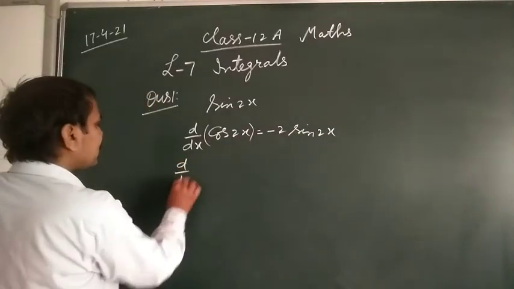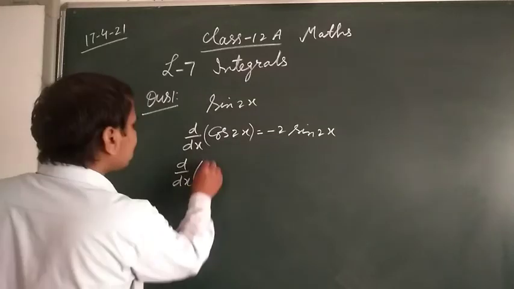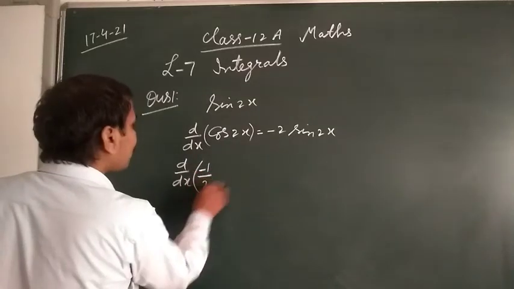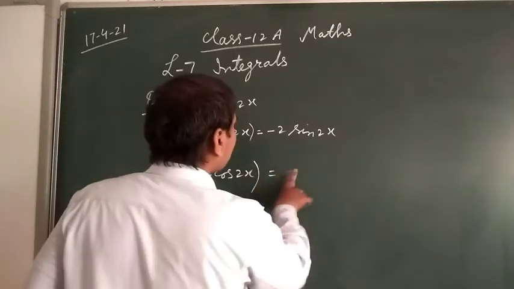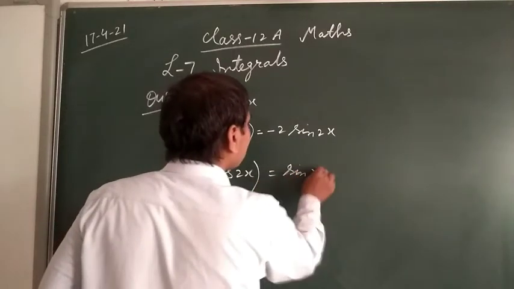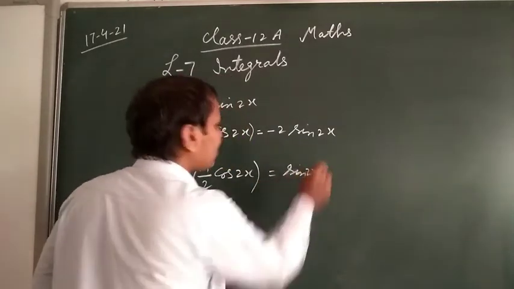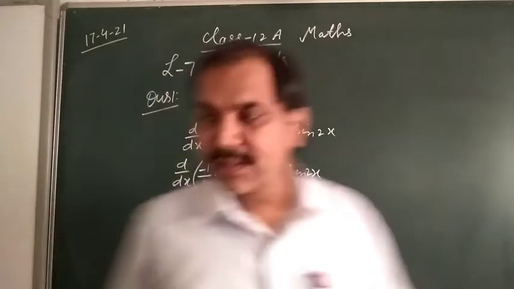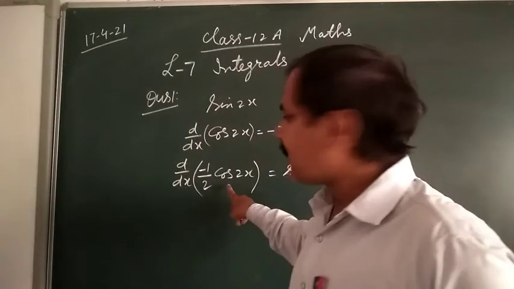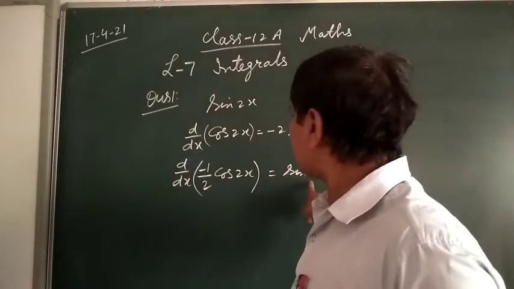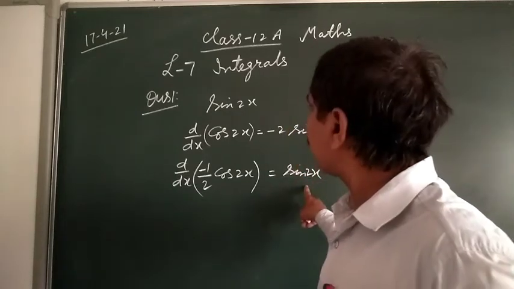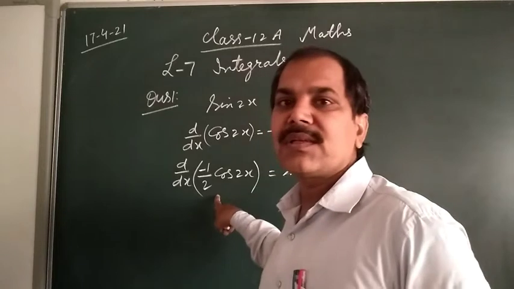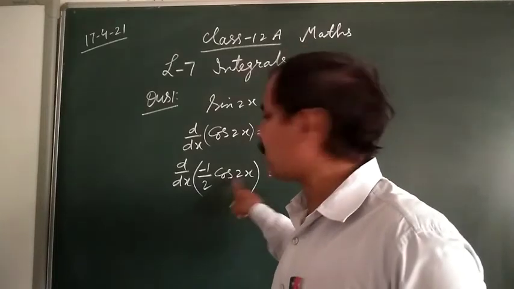So d by dx of minus 1 upon 2 cos 2x is equal to sin 2x. We know that the differentiation of this is equal to sin 2x. So what will be the integration of sin 2x? It is minus 1 by 2 cos 2x.